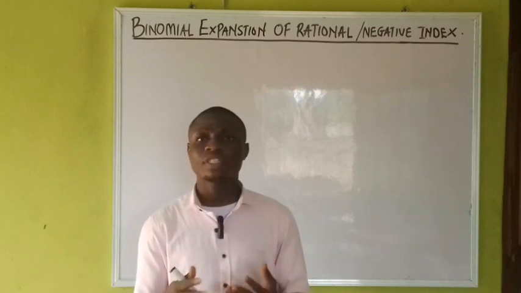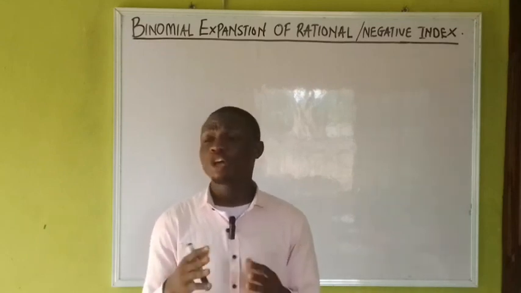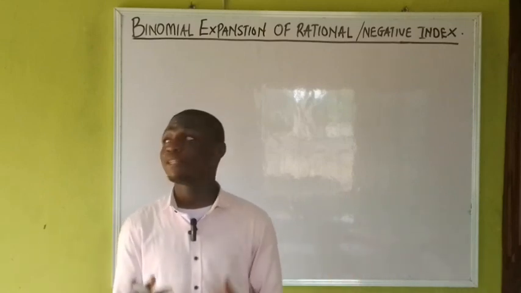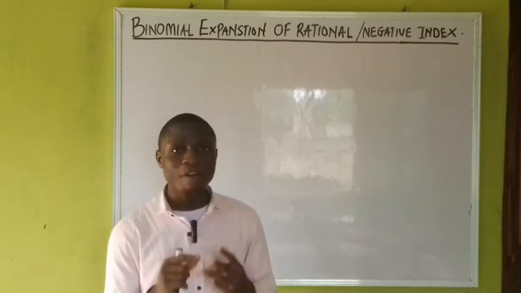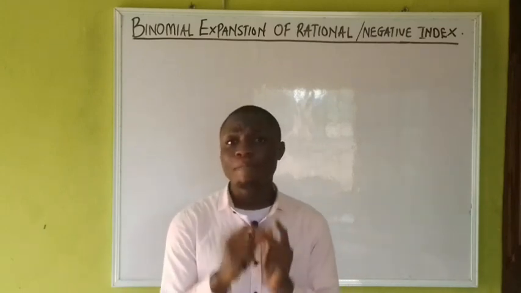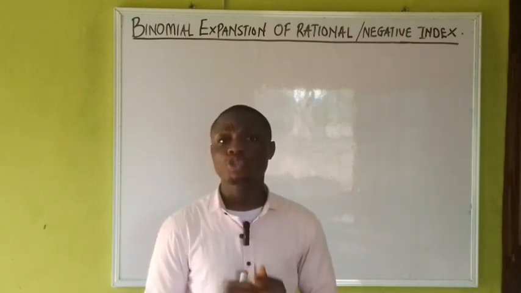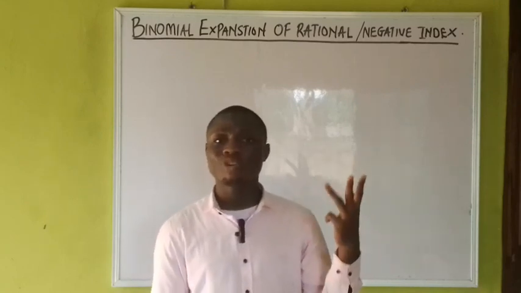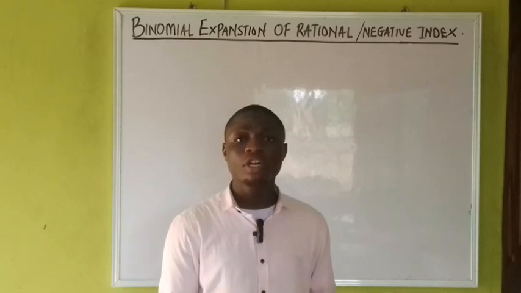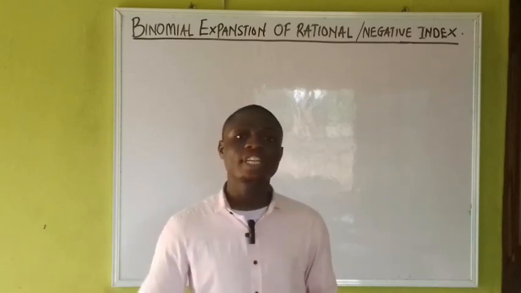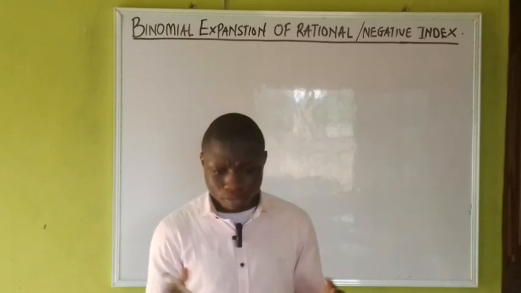We discussed that the methods for solving binomial theorem are three. We have the general method, the Pascal's triangle method, and also the combination method. These three methods have already been discussed. You can check the description of this video to see the link to those videos.